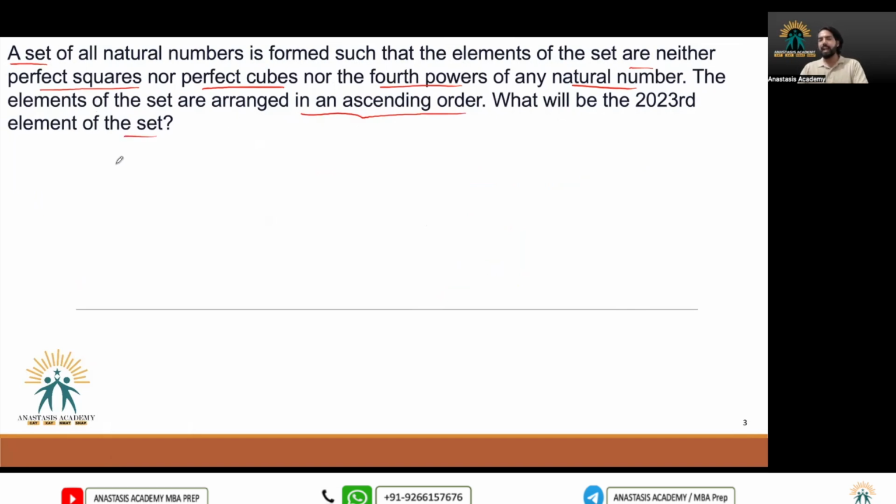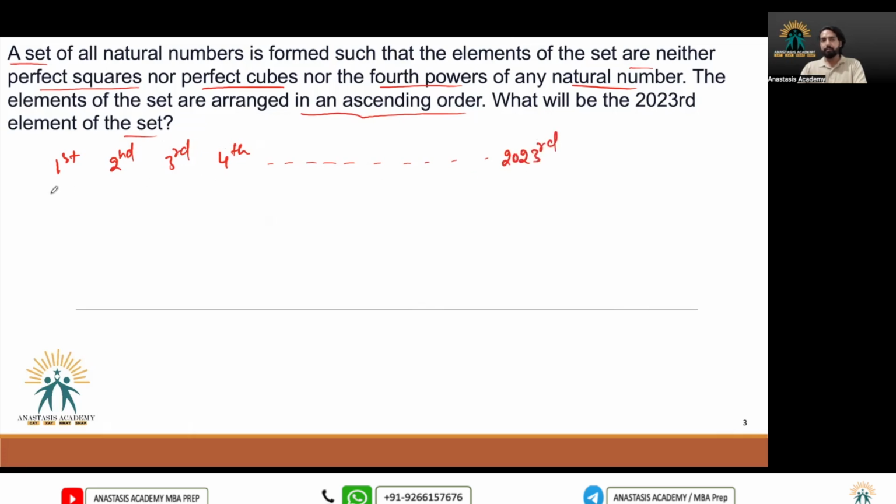So let's write all the natural numbers from 1 till 2023. I'm writing the positions here. This is the first position, the second position, the third position, the fourth position, and somewhere here would be the 2023rd position.